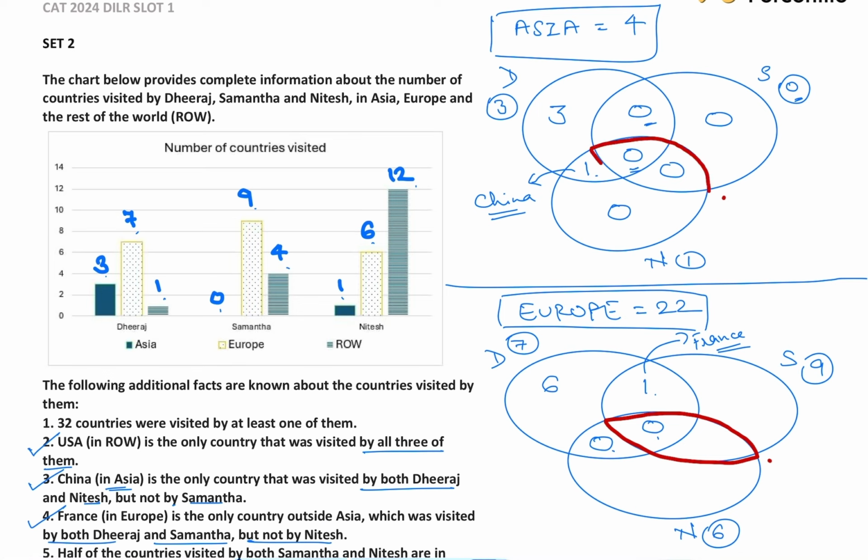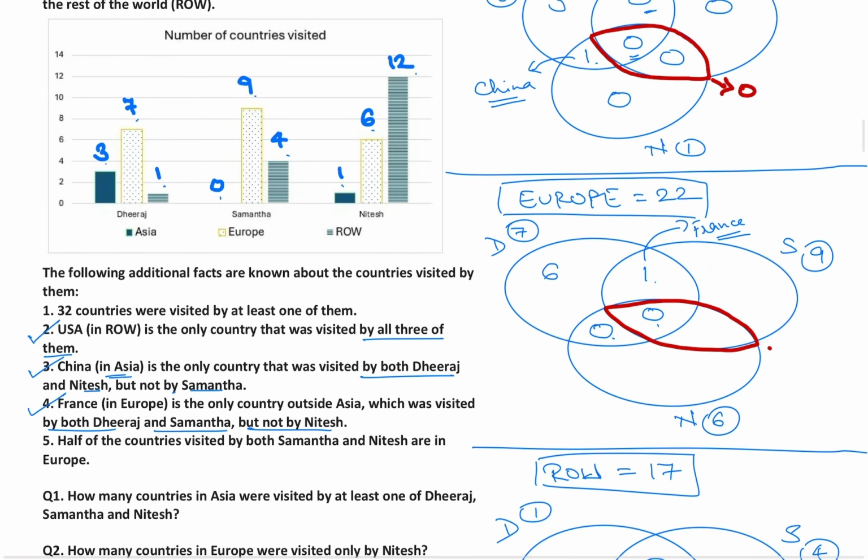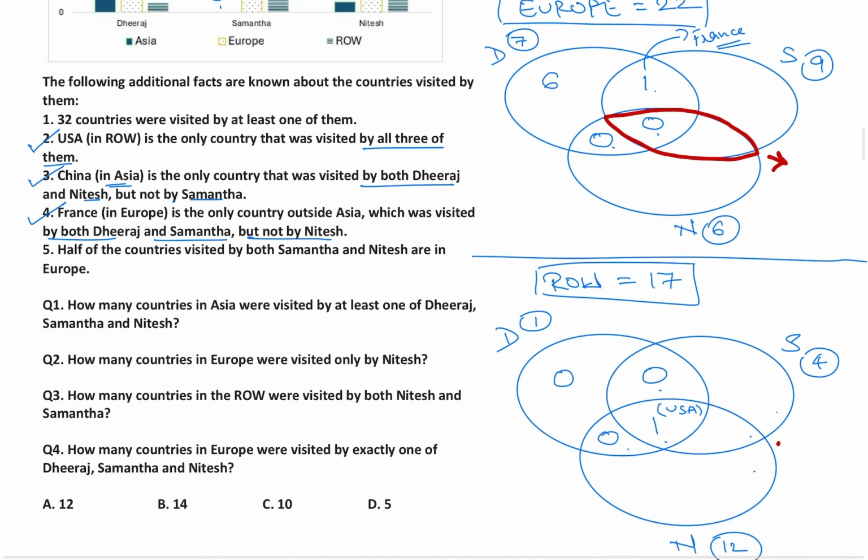The number of countries traveled by both Samantha and Nitesh in Asia is nothing but 0. Here we know half of the countries that they travel will be from here, which means the rest of the half of the countries visited by both, sorry, will be here. So half will be here, the rest of the half will be here.